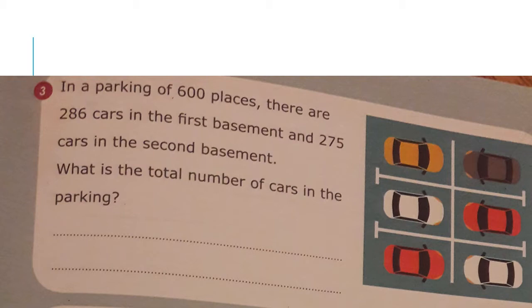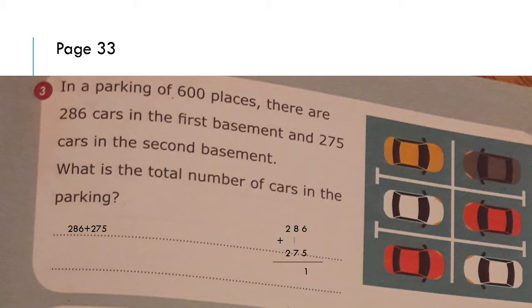How to know the total number of cars? I have to add the number of cars in the first basement to the number of cars in the second basement. So my equation will be 286 plus 275. Okay, the ones under the ones, the tens under the tens, and the hundreds under the hundreds. 6 plus 5, 6 on my mind and 5 on my fingers, 7, 8, 9, 10, 11.